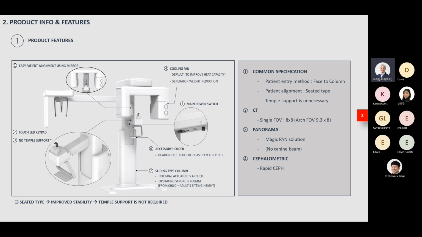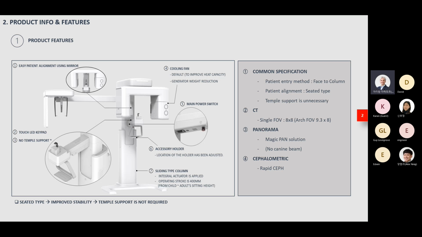So we have CT and we have panorama and cephalometric. The cephalometric is rapid ceph, and we have the Magic Pen solution. Also the single FOV 8x8 and the ARC FOV 9.3 by 8. Otherwise, it's almost the same as others.